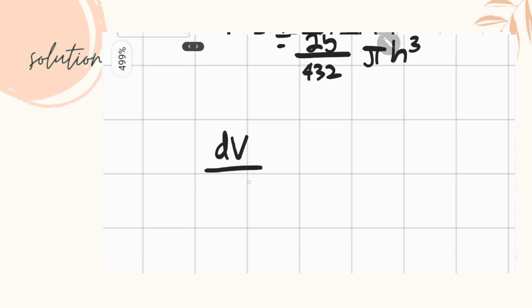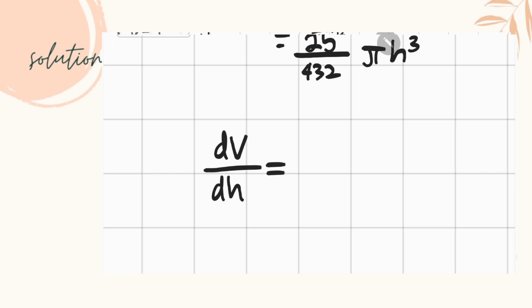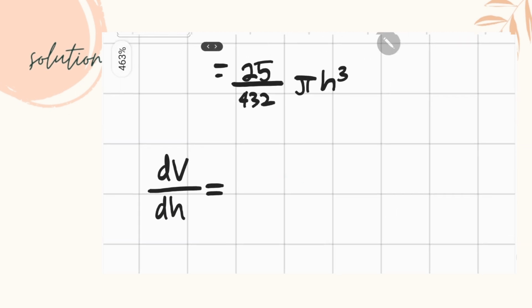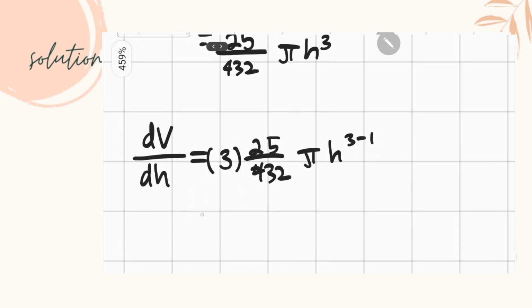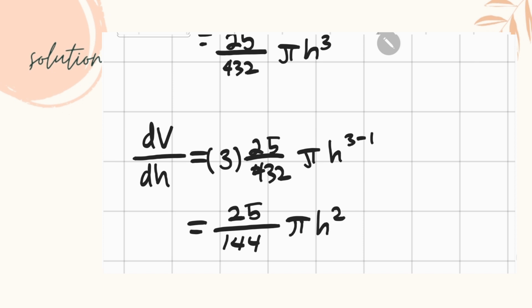Then we differentiate the cone volume. Referring to this formula, we get 25 over 144 pi h square.